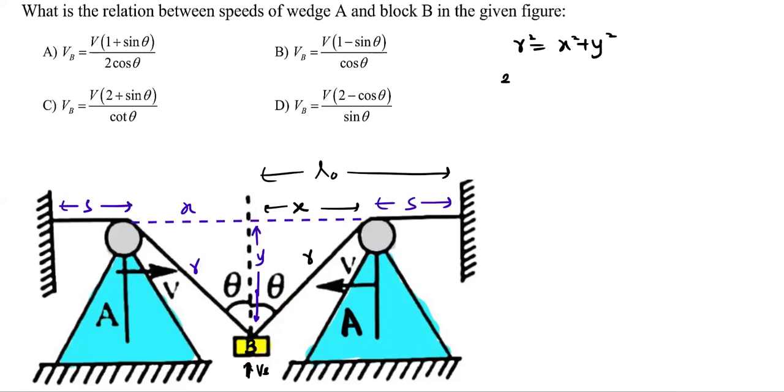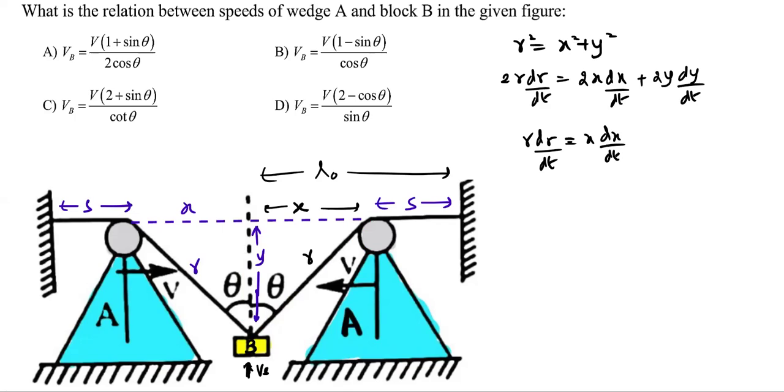So differentiating this: 2r dr by dt, 2x dx by dt, 2y dy by dt. This will be r dr by dt equals x dx by dt plus y dy by dt.